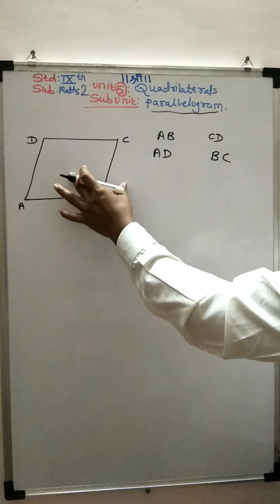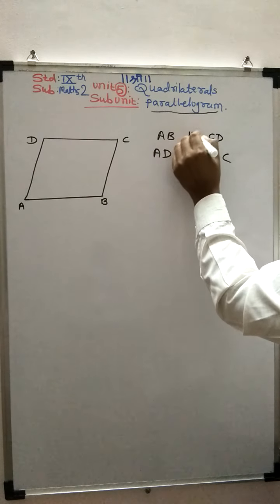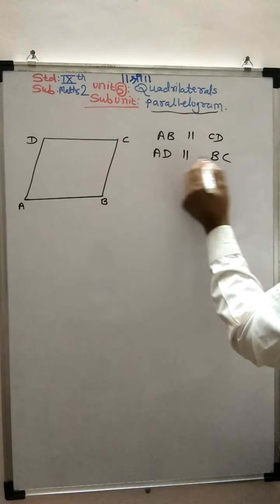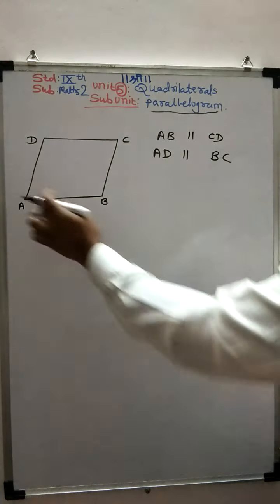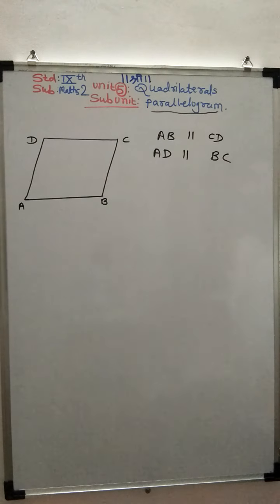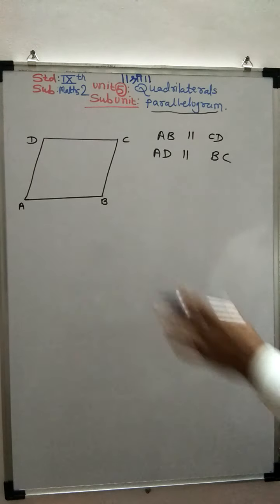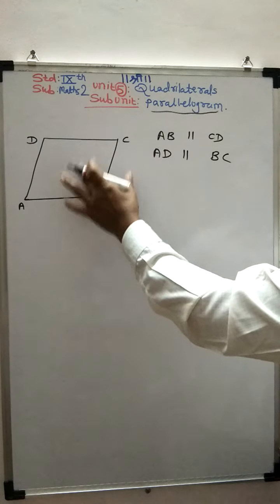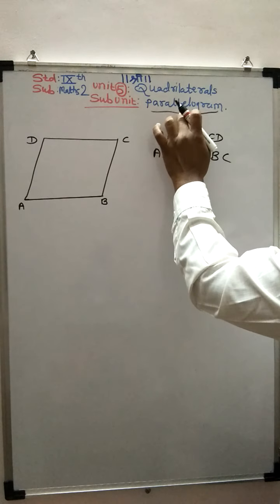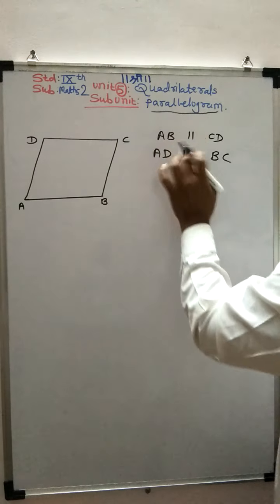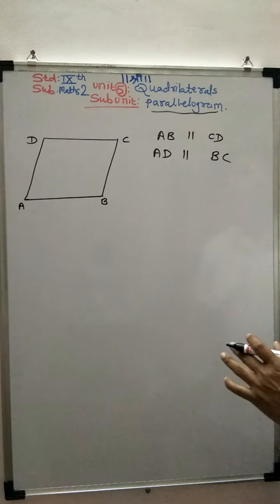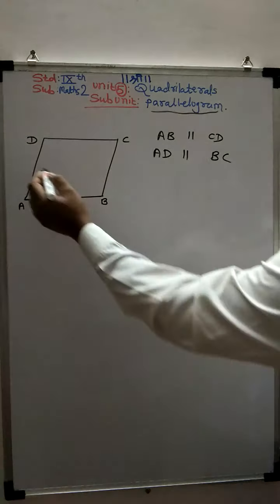In a quadrilateral, if opposite sides are parallel, that means AB parallel to CD and AD parallel to BC, then it is called a parallelogram. So in a parallelogram, opposite sides must be parallel.